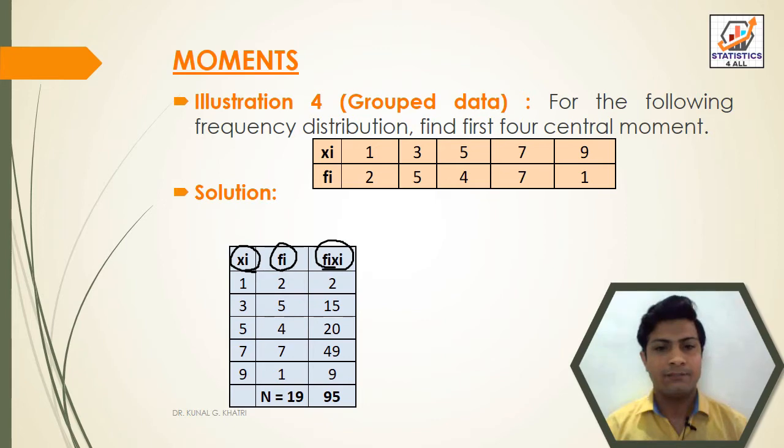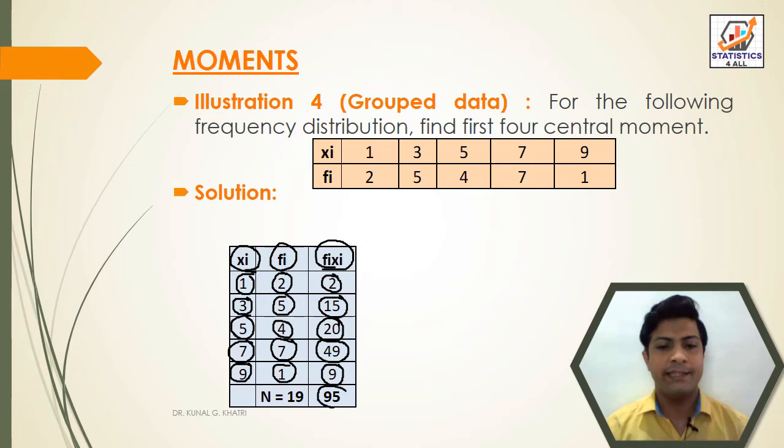So here 1 into 2, we have 2, then 3 into 5, we have 15, 5 4s are 20, 7 7s are 49, 9 1s are 9. I will take the sum of fi into xi, we get answer 95.